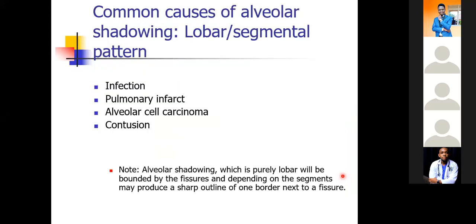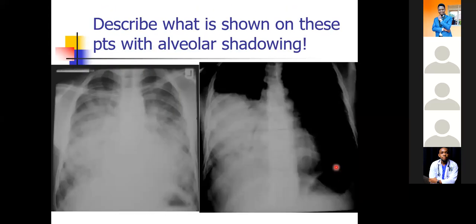So if we go back to this first image, it is giving us a similar impression that we have bilateral opacities in these lungs, but it appears to have started from the hilar areas and spread out into the rest of the lungs.